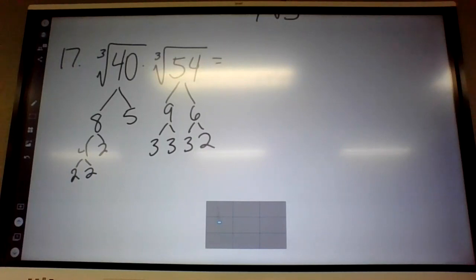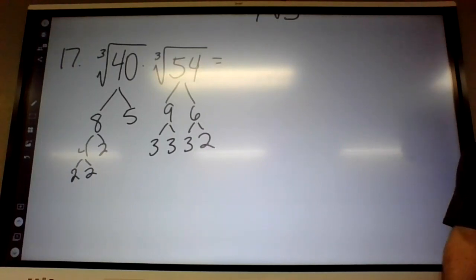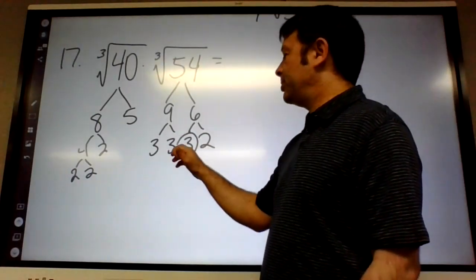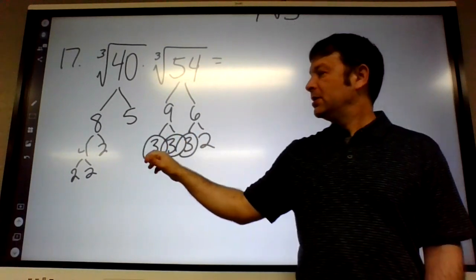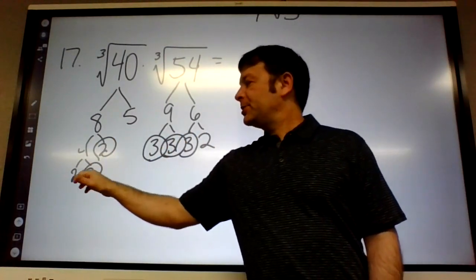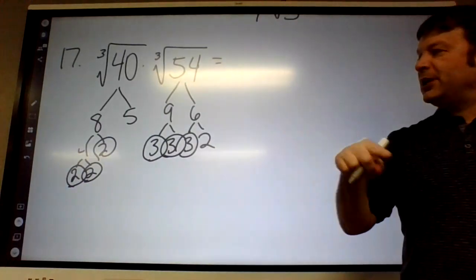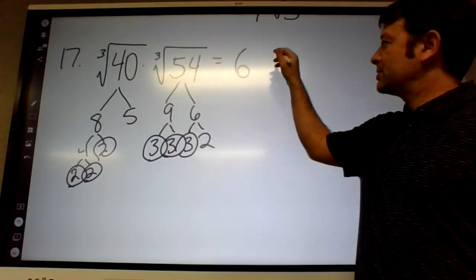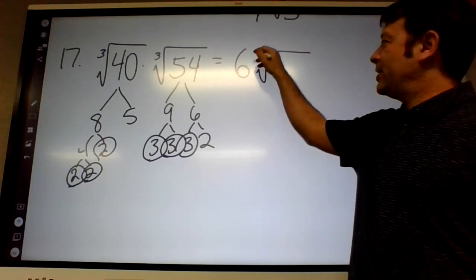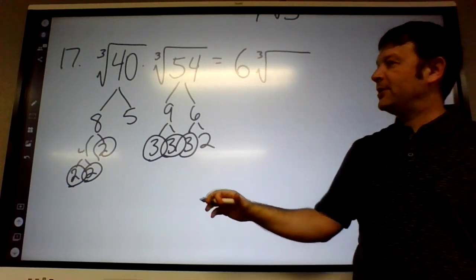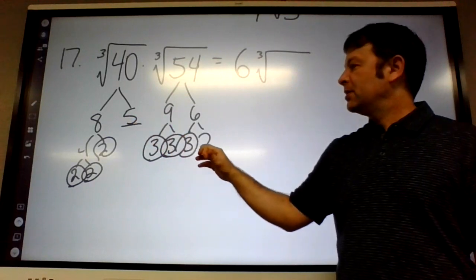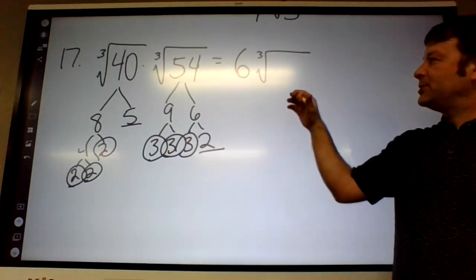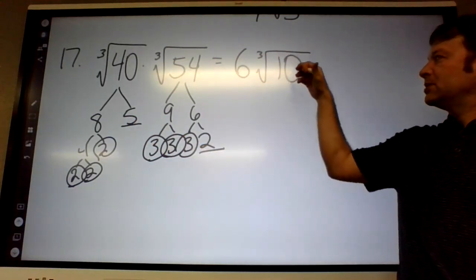So triples come out. So do you see any triples? Okay, a triple 3 and a triple 2. So 2 times 3 is going to come out. So that's 6. And left behind, don't forget to put a cube root symbol. What's left behind? 5 times 2, 10.